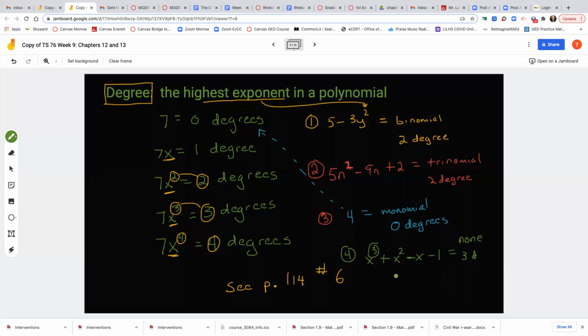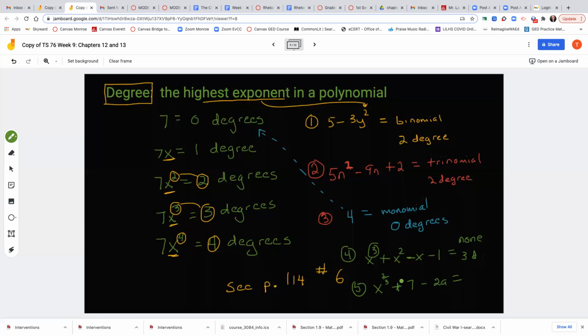And then what if I had something like this? If I had number 5 here, x to the 2/3 plus 7 minus 2a. If I ask you, is that a polynomial?